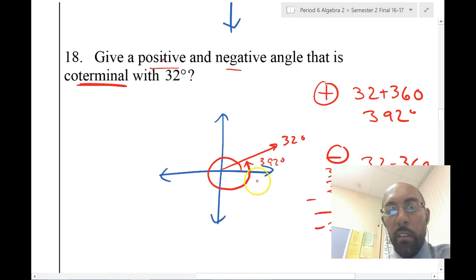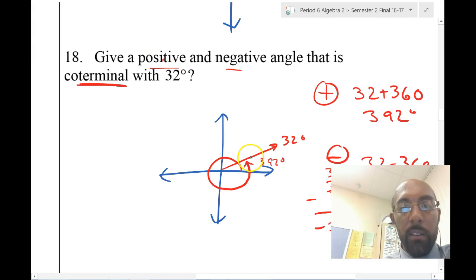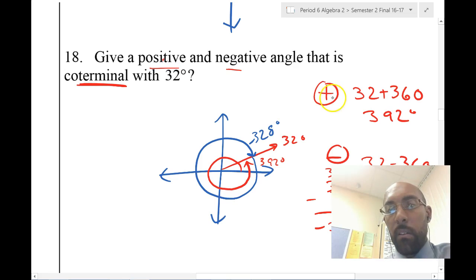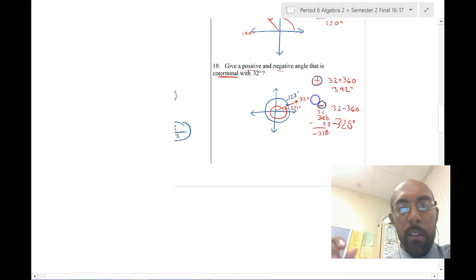So now negative 328. And remember, it's the same point. It has to be the same point, except we went the other way. We went this direction. And so that is going to be negative 328. All right? And the most you really need to know is that if I want a positive angle, add 360. If I want a negative angle, subtract 360. Okay? That was page 2.